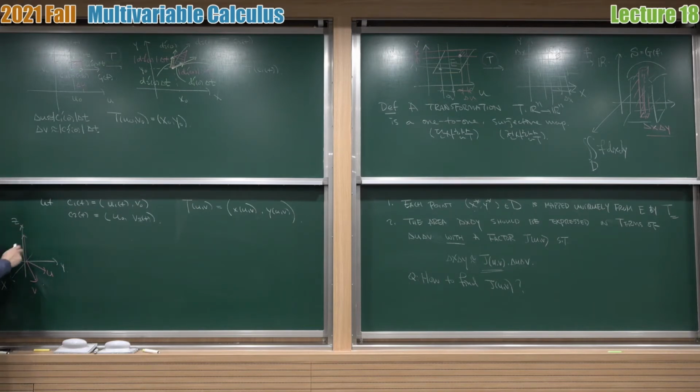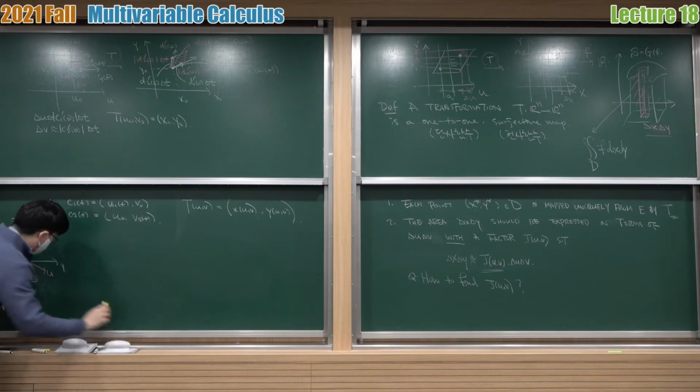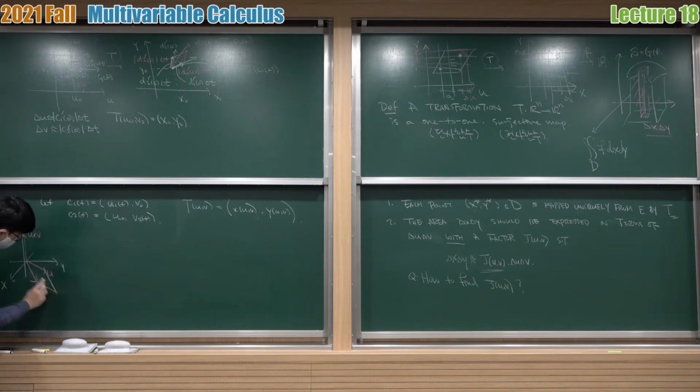But the size of this cross product, u cross v, is the area of the parallelogram bounded by u and v. So u cross v is a three-dimensional vector whose size is this area.